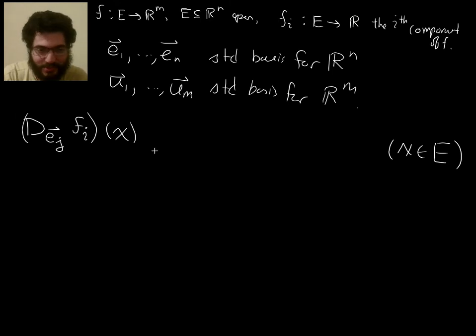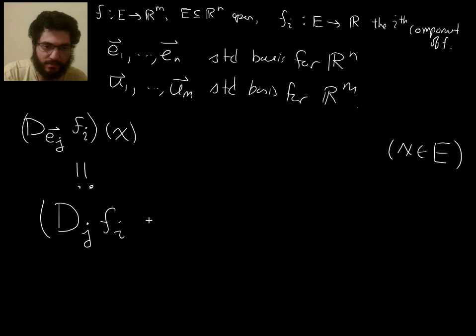When this does exist, we're going to call that a partial derivative, and what I'm writing down now is defined to be this directional derivative. So this is going to be defined like this, just D_j f_i of x.